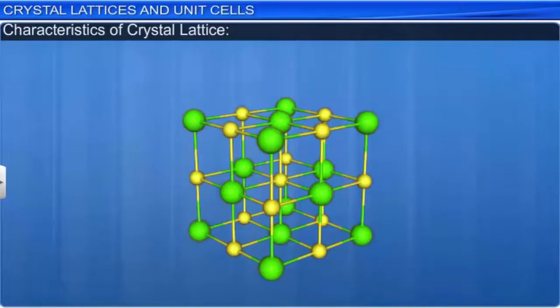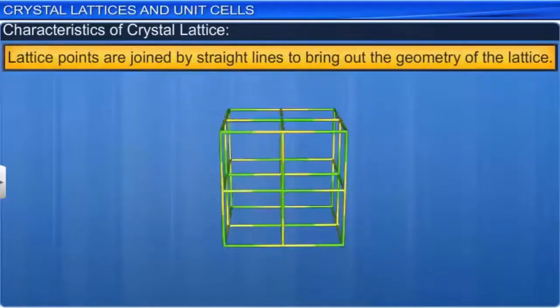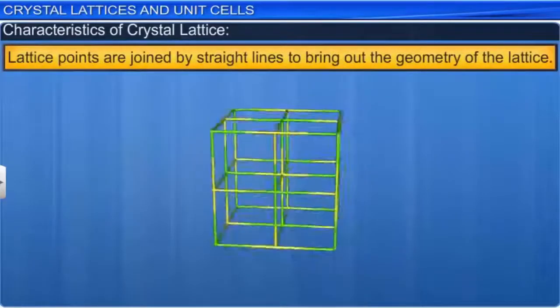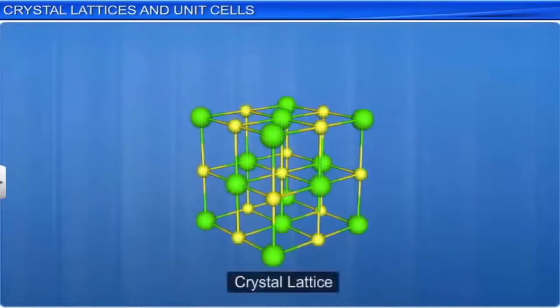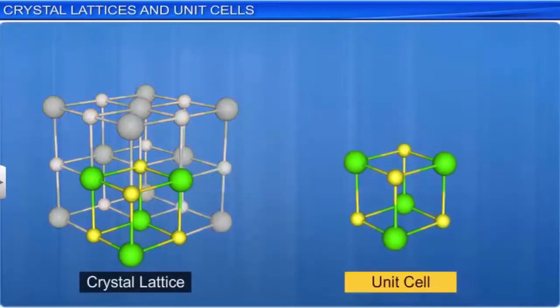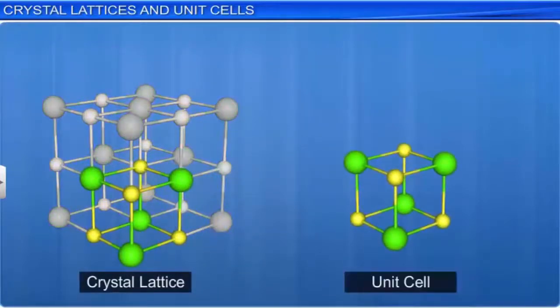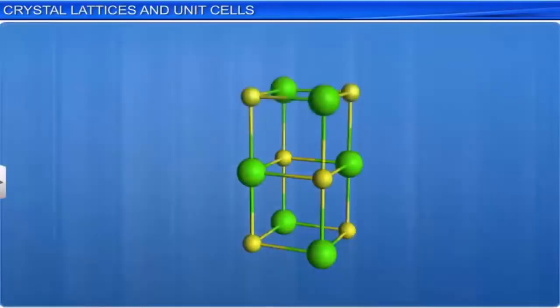Lattice points are joined by straight lines to bring out the geometry of the lattice. A crystal lattice can be subdivided into several cells, known as unit cells. Thus, a unit cell can be defined as the smallest portion of a crystal lattice, which, when repeated in different directions, generates the entire lattice.